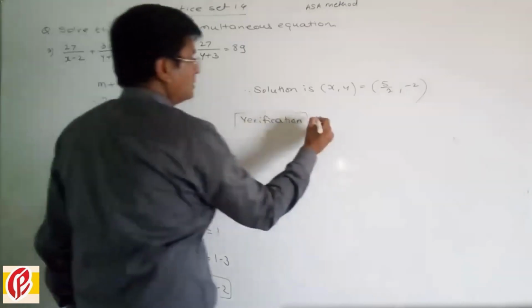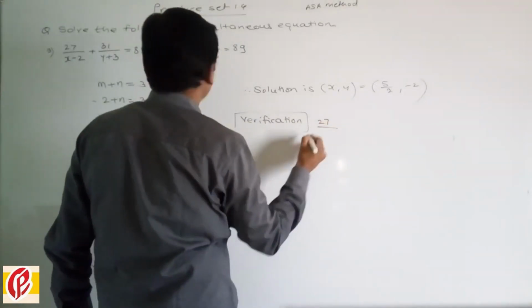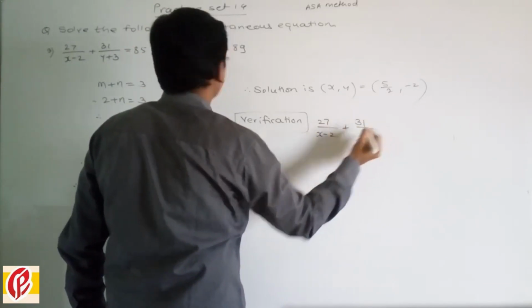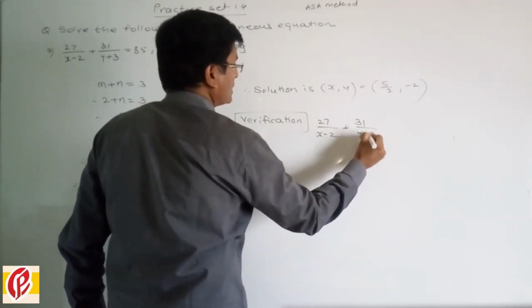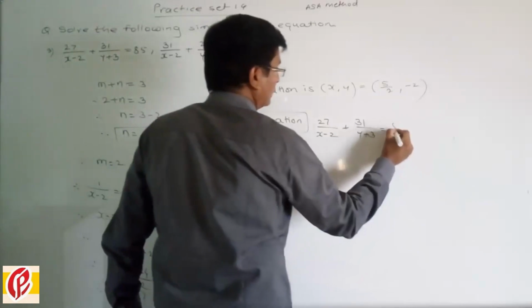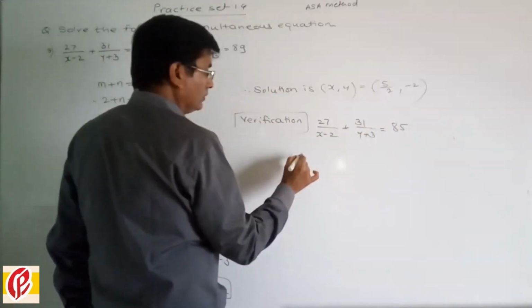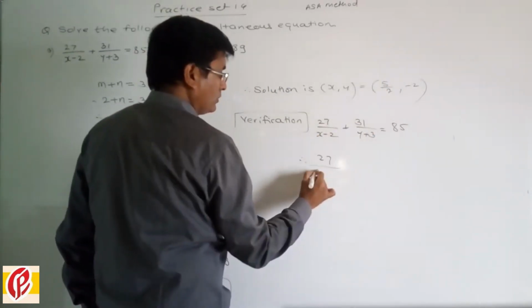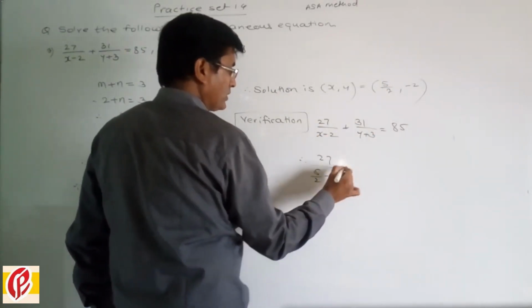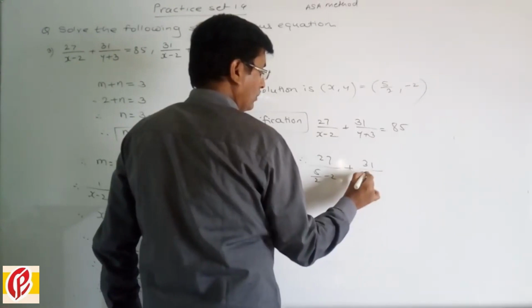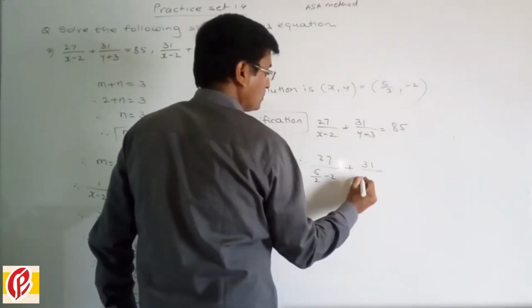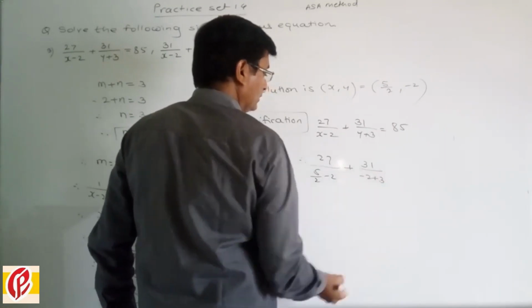So the equation is 27 upon x minus 2 plus 31 upon y plus 3 is equal to 85. The right side is 85. So I will write here 27 upon x minus 2. What is x? 5 upon 2, and this minus 2, plus 31 upon y. Y means minus 2, so minus 2 plus 3.